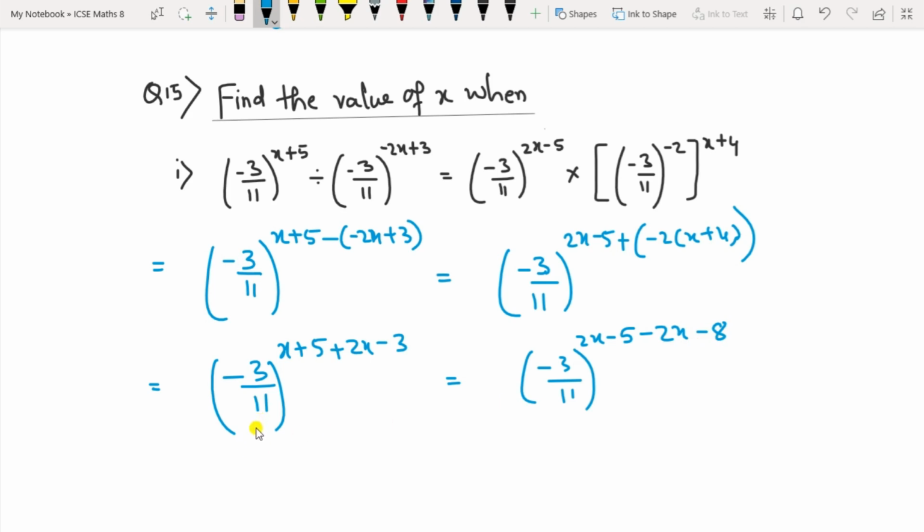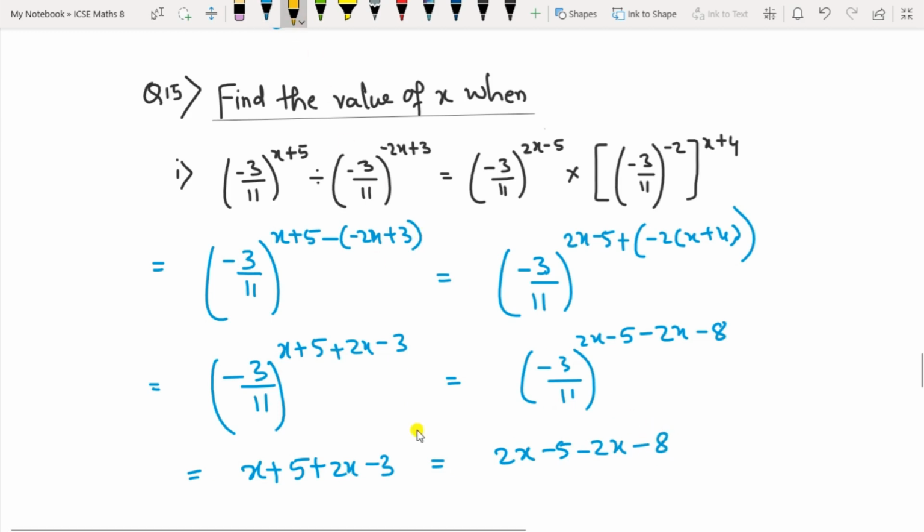Okay, now here you have to see that if there is equal to and you are having a single term on both the sides and their denominator is same, then the denominator get cancelled. So only remaining thing is the power here. So x plus 5 plus 2x minus 3. So power gets equal if the denominators are same. So this becomes 2x minus 5 minus 2x minus 8.